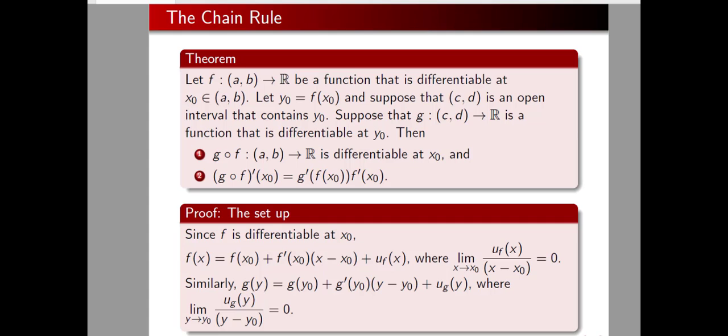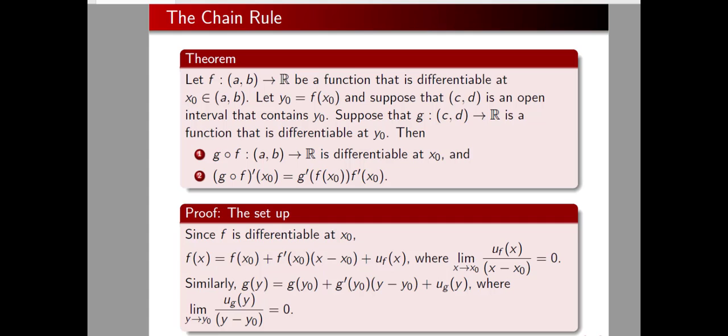We're now in a position where we can talk about our old friend, the chain rule. So let f be a function from the open interval (a,b) to R that is differentiable at some point x naught in (a,b). Let y naught be equal to f of x naught, and suppose that (c,d) is an open interval that contains y naught.